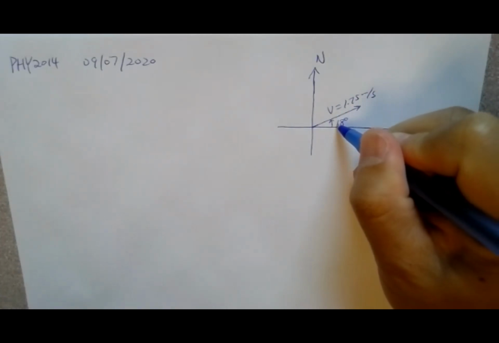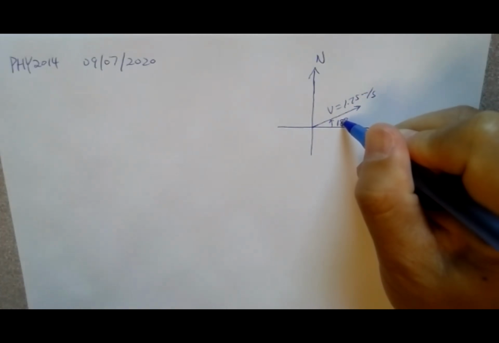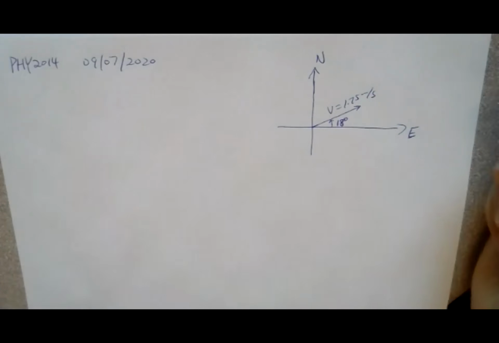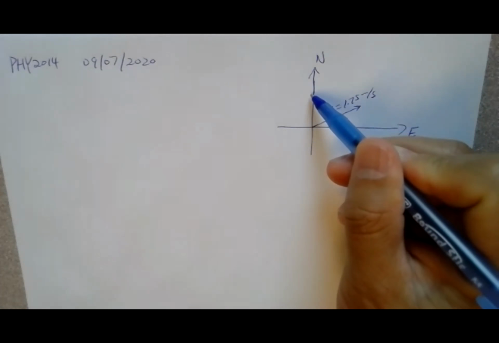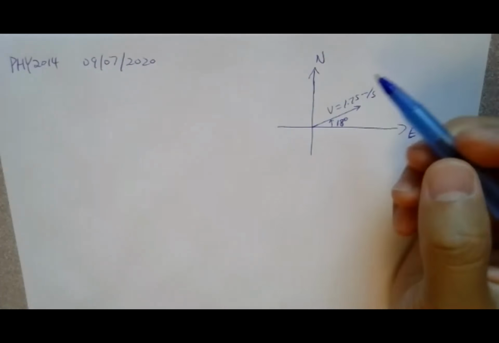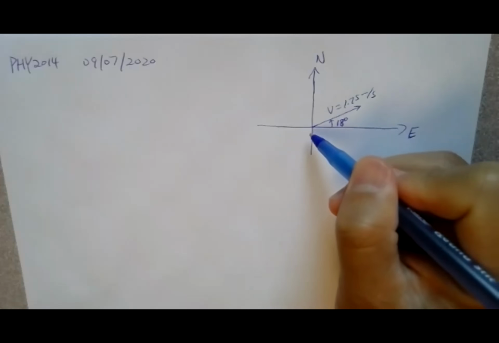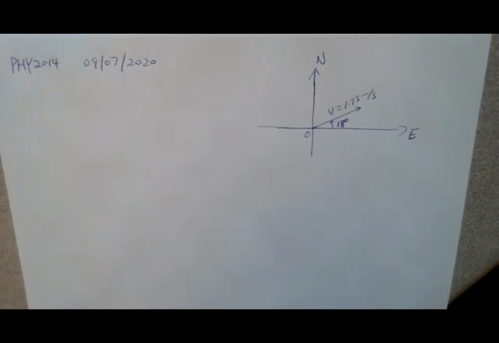You might have trouble with 18 degrees north of east, but this is what it meant. If it's, say, west of north, that means starting from north and then going towards the west direction. These are just the terminology here.